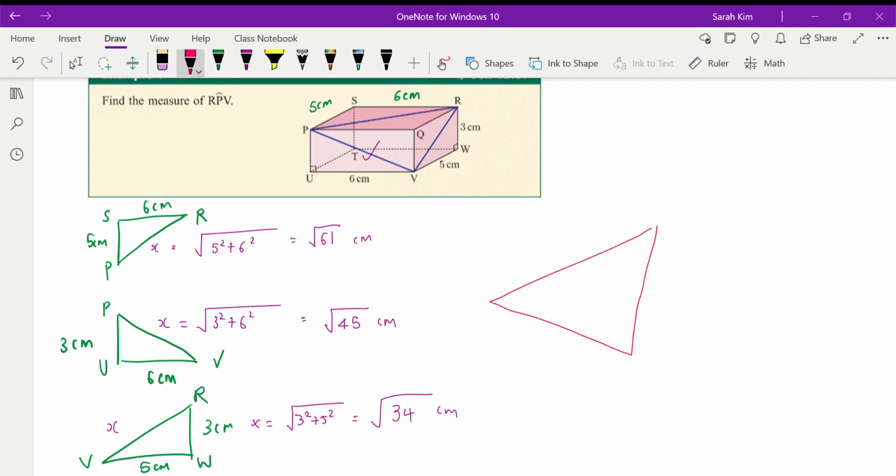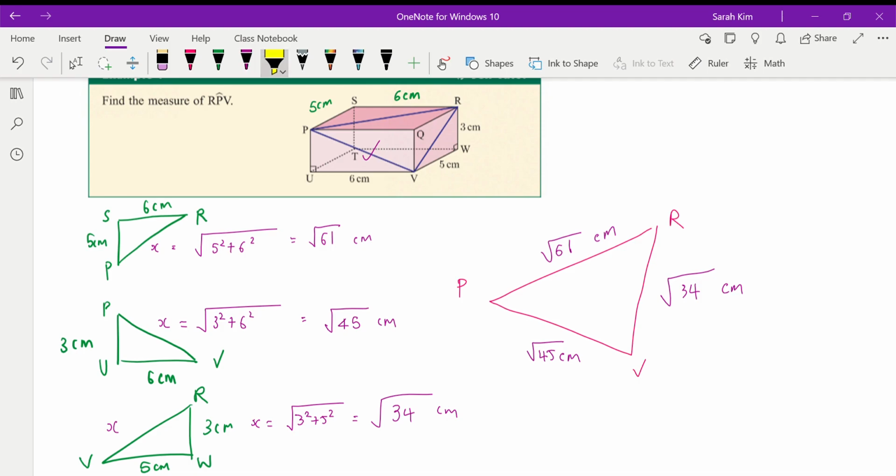I'm trying to draw it as similar to the orientation. PRV, my PR I found was square root 61. My PV was square root 45. My RV was 34. Now all I need to find is RPV.